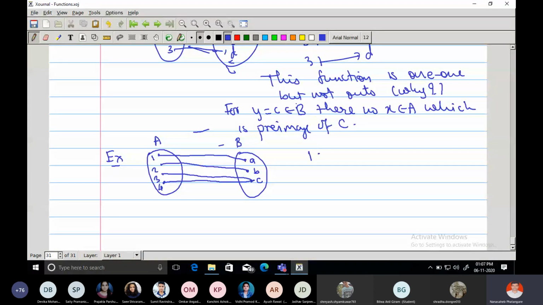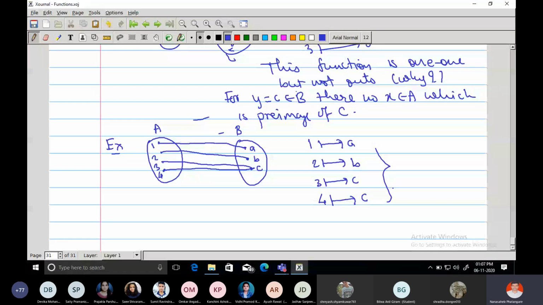So is it an onto function? Yes, because every element in the codomain has a pre-image. So this is onto. Is it one-one? No, not one-one, because two distinct elements 3 and 4 have the same image.